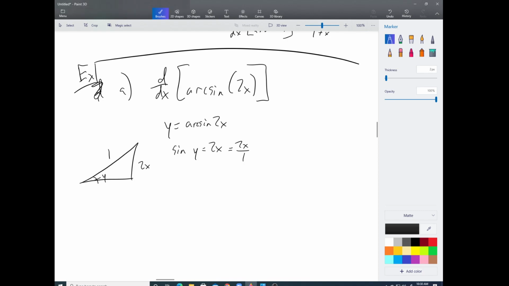Let's see, so it's 2x squared plus b squared equals 1 squared. And I know I'm going kind of fast, but it's because I see the time.